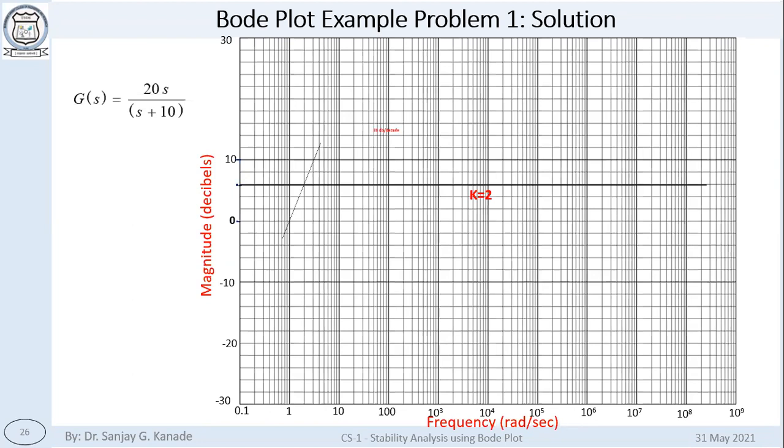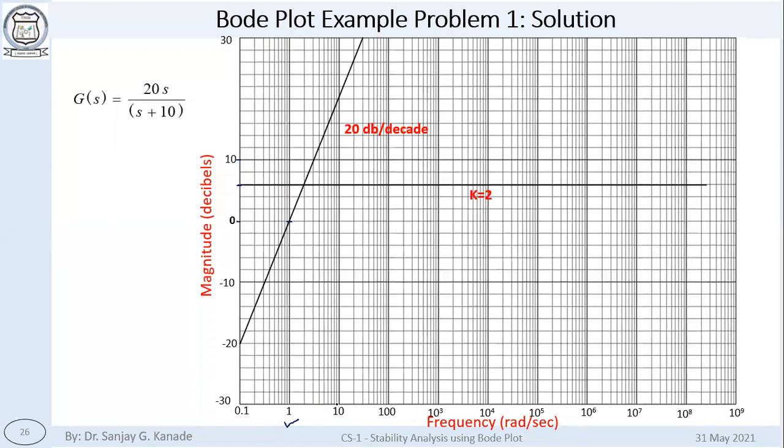The second factor is a 20 dB per decade line, and that line intersects the 0 dB line at omega equal to 1. This is what you have to pay attention to. Very clearly and very carefully you have to draw this. At omega equal to 1, magnitude is 0 dB, and it has to be a 20 dB per decade line.